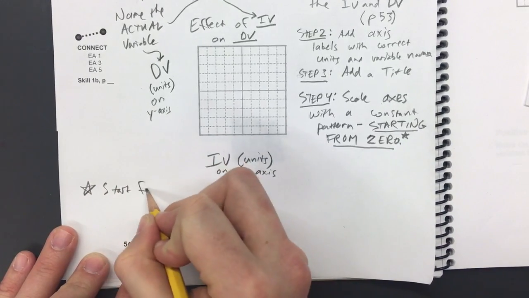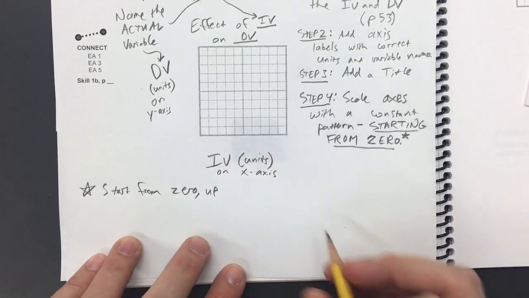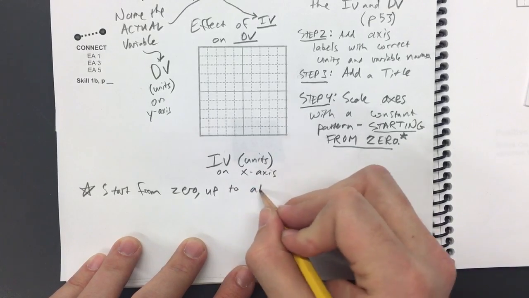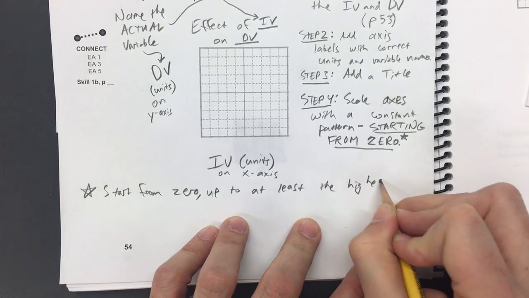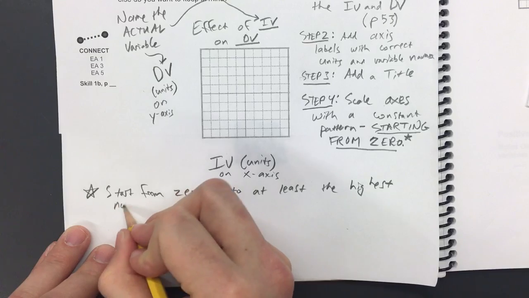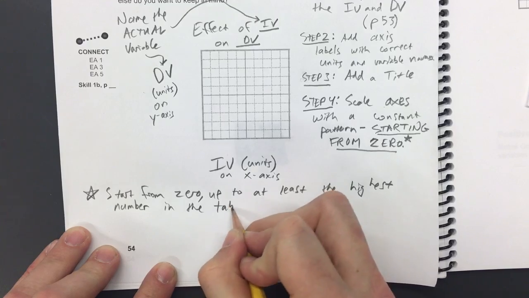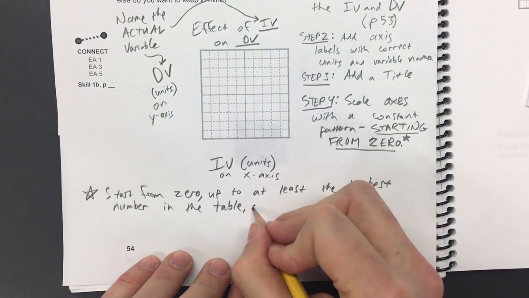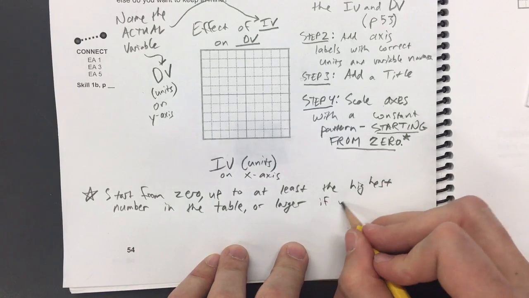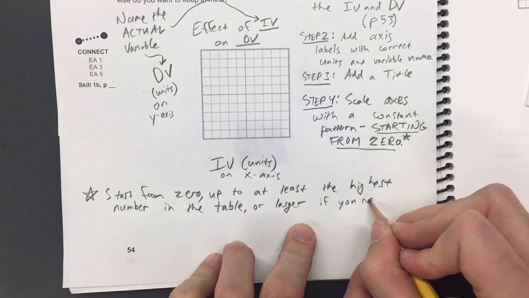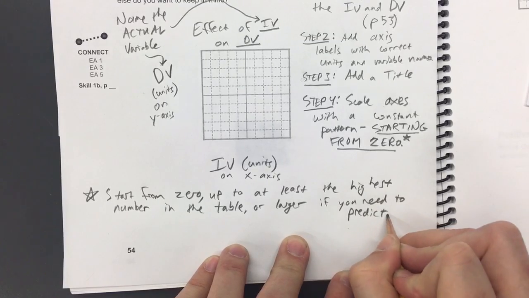Start from 0 on your scale up to at least the highest number in the table, or larger if you need to predict.